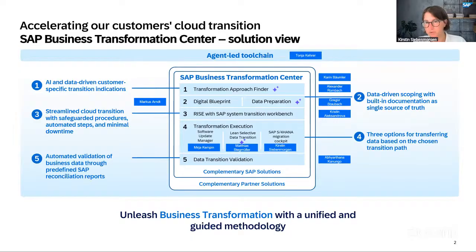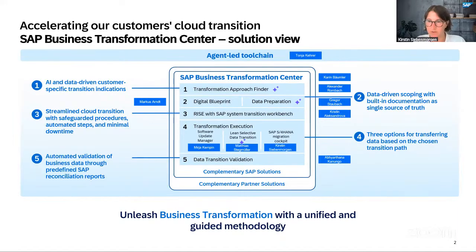We support you with the digital blueprint and the data preparation. And when it comes to the transformation execution, there are three different tools available: the Software Update Manager, the Lean Selective Data Transition, and the SAP S/4HANA Migration Cockpit. And that's the topic I will give you information on today.